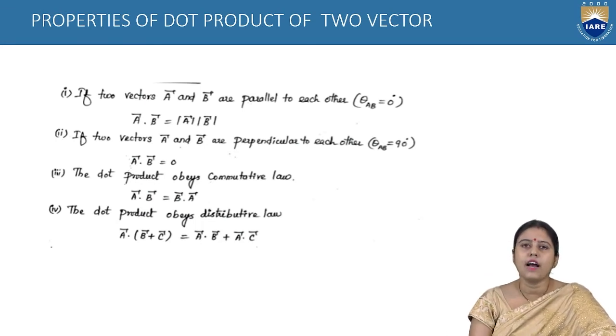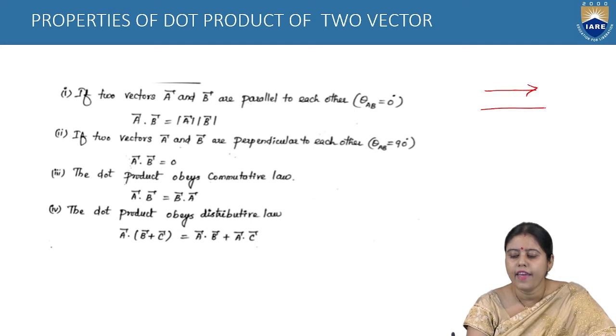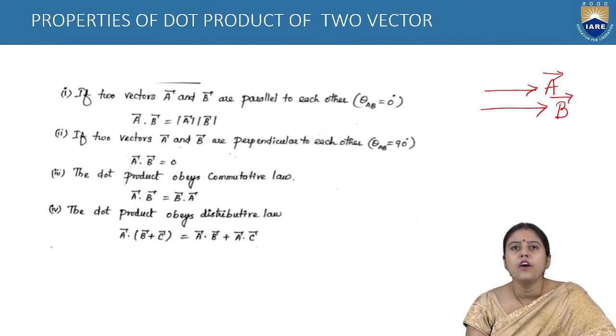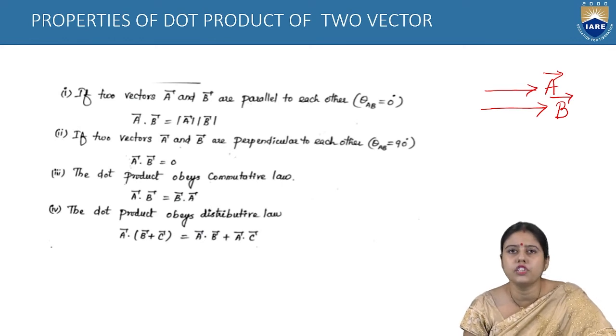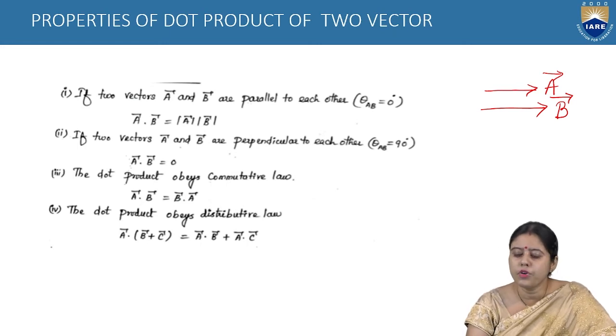So what are the properties? If we have two vectors A and B, both parallel to each other, what is the angle between them? The angle is 0 degree.